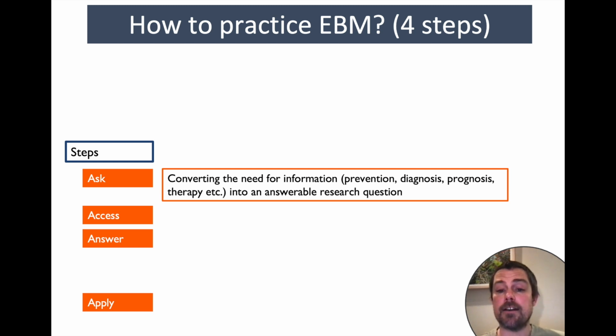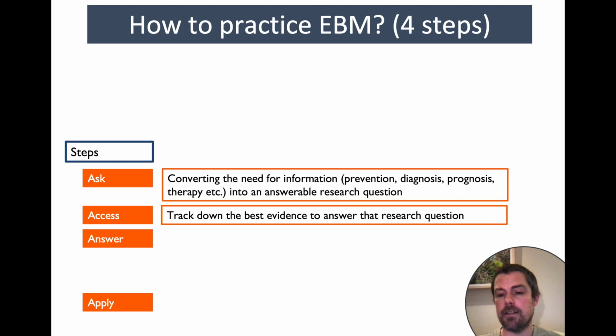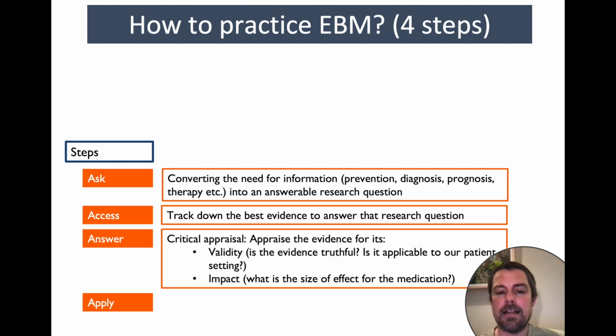You look that up in the relevant place, and that is typically a secondary summary source of evidence, such as UpToDate or some sort of clinical guideline, a compendium of all the evidence. But it could also be looking up PubMed or Cochrane and getting a specific paper and appraising that paper. So then you will answer the question, and that's called critical appraisal.